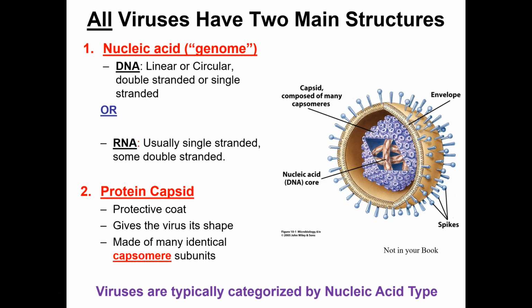Okay, so let's look at this structure a little bit more. And like I said, there's not too terribly much to look at here. So let's look at the inside of the virus first. Let's talk about this genome they have, this nucleic acid core. So this is where you do get some variety.